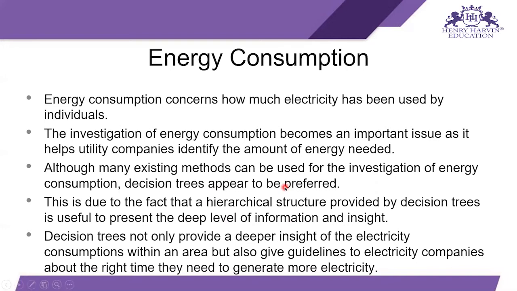It is because of the backend working of the decision tree, where it makes a graph at a deep level, and that deep level graph is useful to extract information. So that's why the decision tree is useful for getting to know about energy consumption.